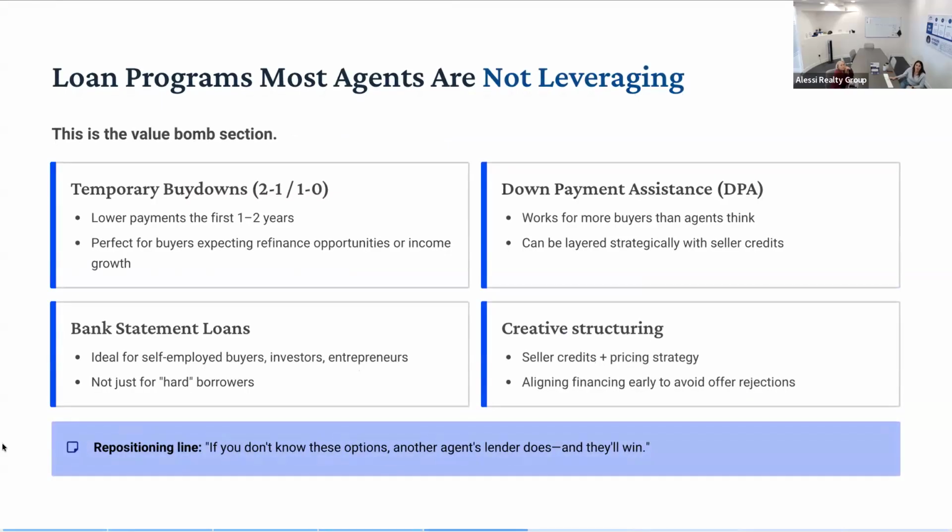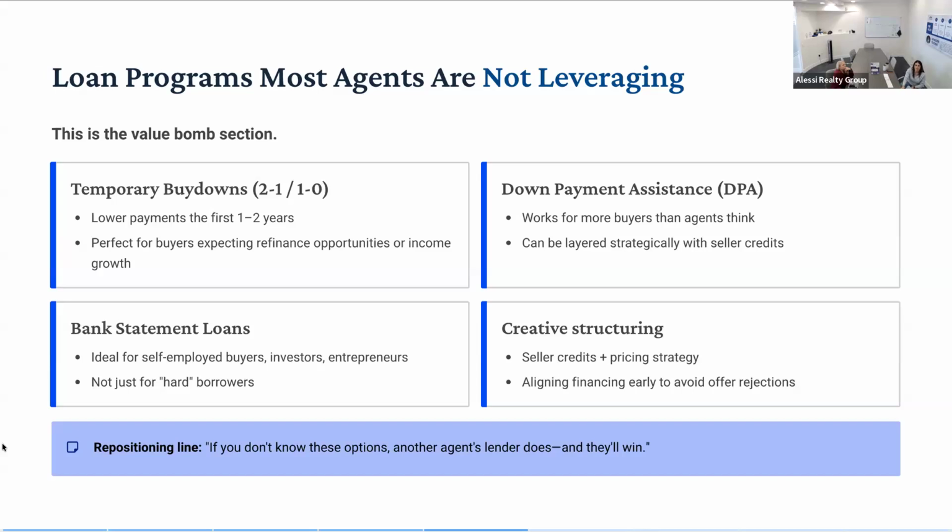Some loan programs, we've kind of talked about down payment assistance depending on their credit. There are some temporary buy down programs. It's a 2-1. I'm not seeing it as much right now, but it is still out there. It's where for the first 2 years of the loan, the interest rate is low. So if the interest rate today is 6%, their first year it's 4%.